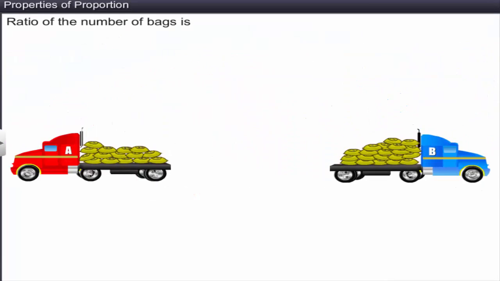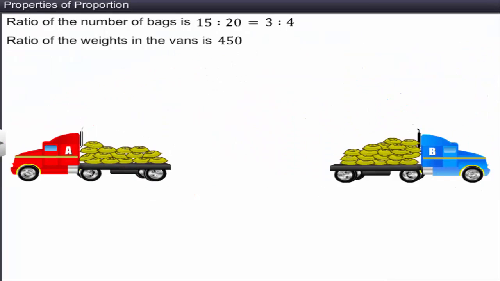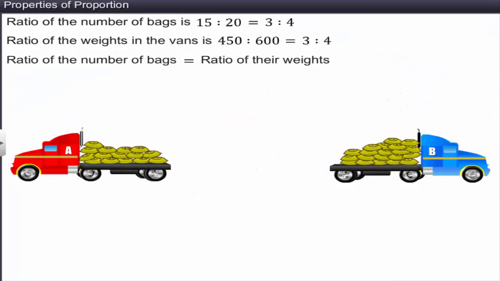The ratio of the number of bags in the two carriage vans is 15:20, which is equal to 3:4. Also, the ratio of the weights in the two carriage vans is 450:600, which is again equal to 3:4. It means that the ratio of the number of bags is equal to the ratio of the weights.